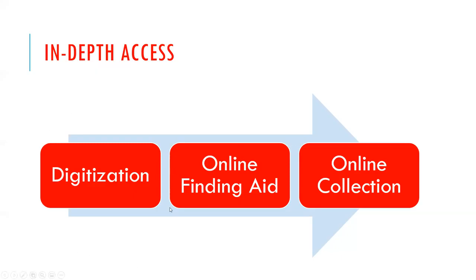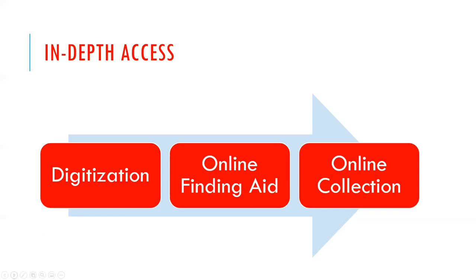But the main thing here is digitization of records taking place. So digitization can take a record that is very static and is inaccessible or less accessible by researchers, and allow those records to be attached to an online find aid and to an online collection.